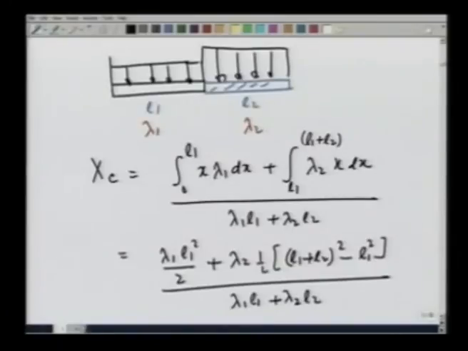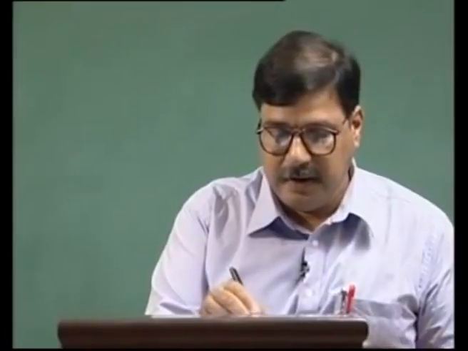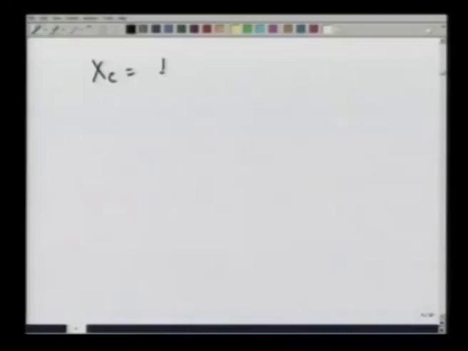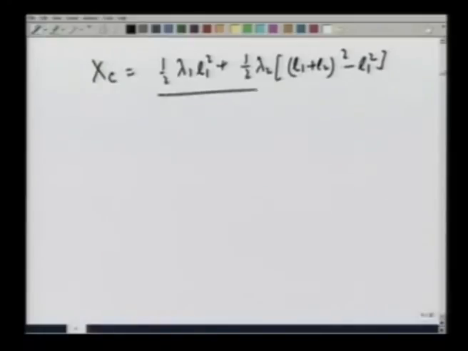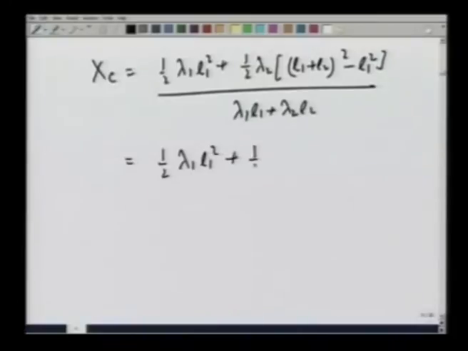You simplify this and you get x c, which we just calculated to be 1/2 lambda 1 L1 square plus 1/2 lambda 2 ((L1 plus L2) square minus L1 square) over lambda 1 L1 plus lambda 2 L2, to be 1/2 lambda 1 L1 square plus 1/2 lambda 2.